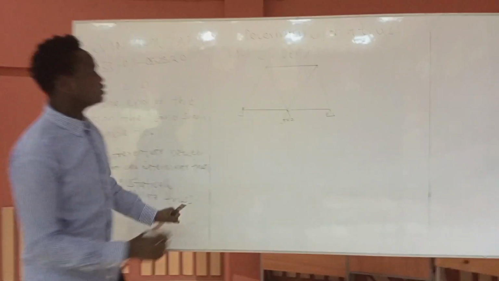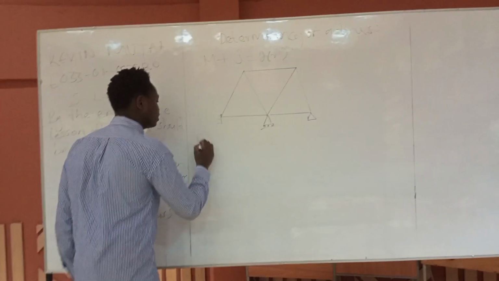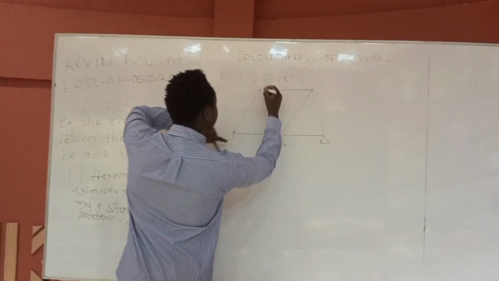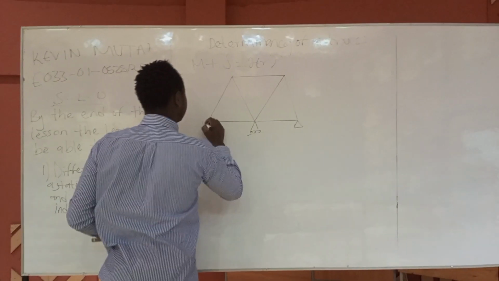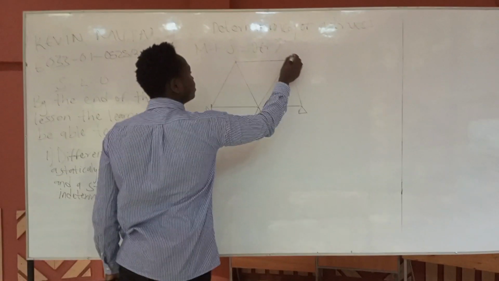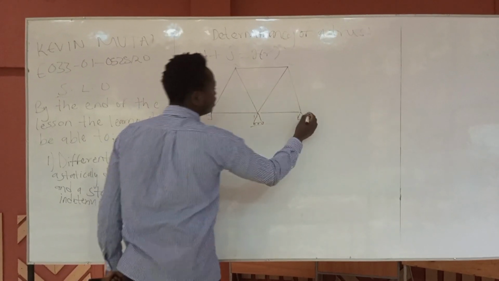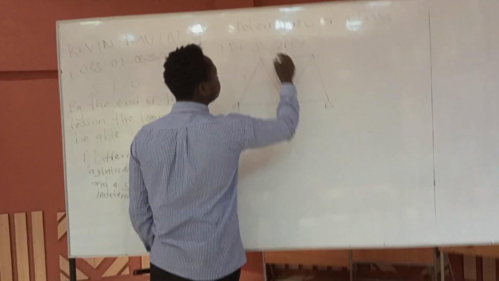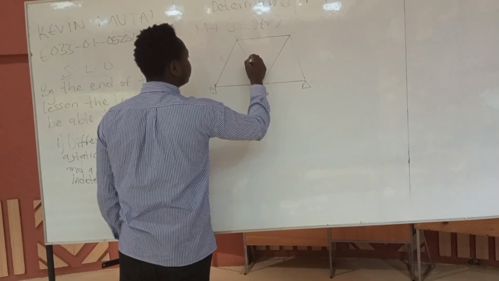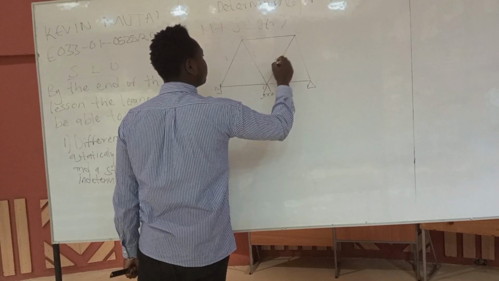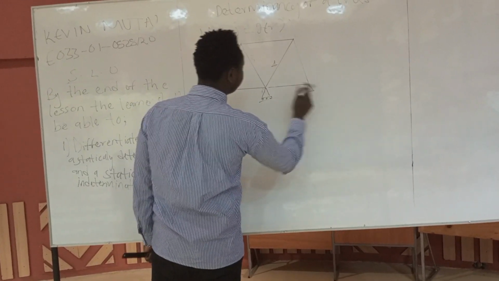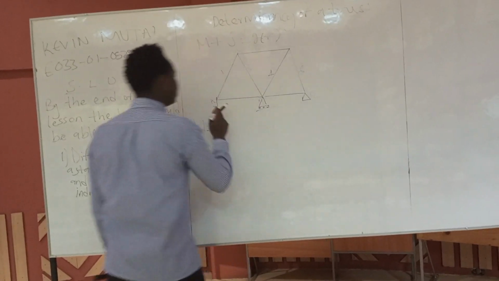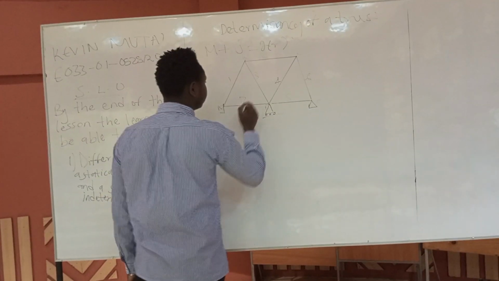So let's start with the members. How many members do we have? Going through points A, B, C, D, E: our first member is from A to B is 1, B to C 2, B to D 3, D to C 4, D to E 5, E to C 6, A to D 7.